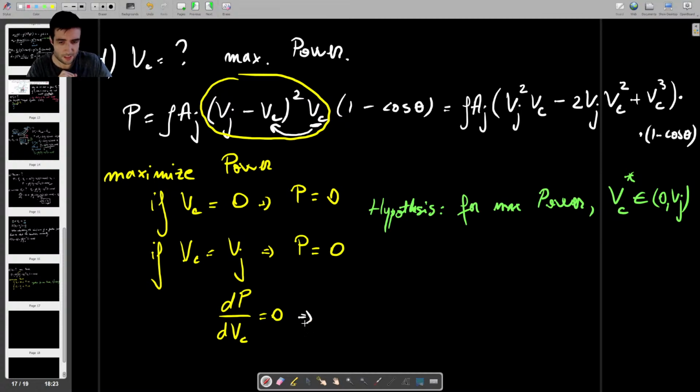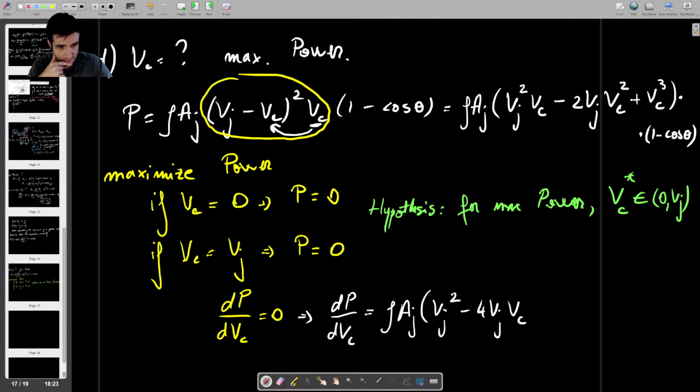So now when I differentiate this with respect to Vc, what I get is rho Aj, and then in the brackets I'm going to have Vj squared, then minus 4 Vj Vc plus 3 Vc squared, times 1 minus cosine of theta, and this has to be equal to 0 to find the stationary points.